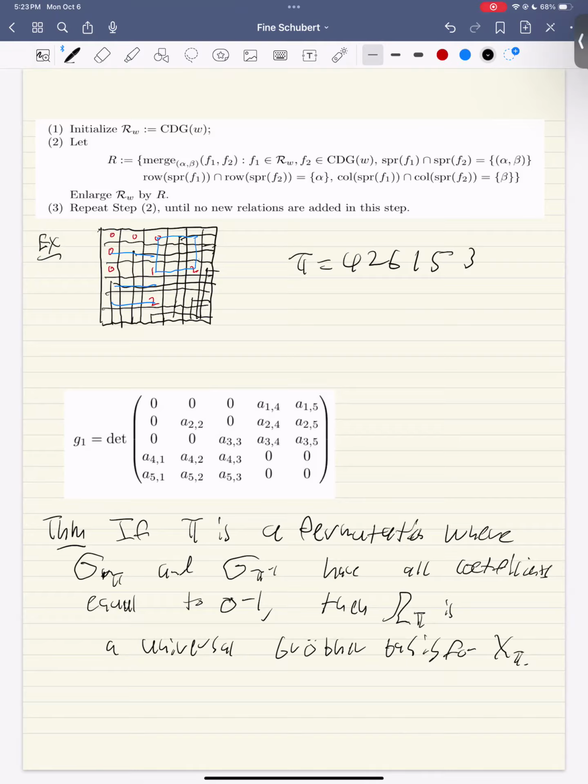Maybe I should say that the strength of this theorem depends a lot on how interesting or how complicated the class of permutations satisfying this condition is, where both the Schubert polynomials of pi and pi inverse are 0, 1. There's a description of this class in terms of pattern avoidance, which is essentially due to Avery Saint-Dizier, Carola Meseros, and Alex Fink.